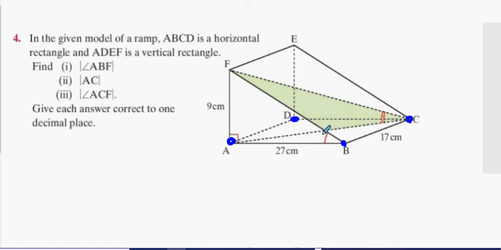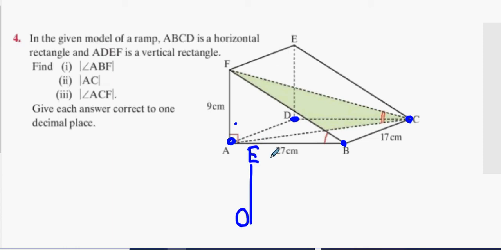So if I ask you what's the angle FAB, what do you think the angle FAB is? 90. What do you think the angle EDC is? What do you think the angle EDB is? ED to B. Also 90.